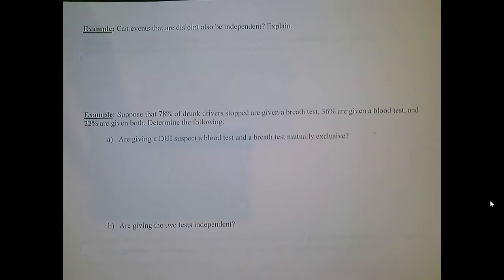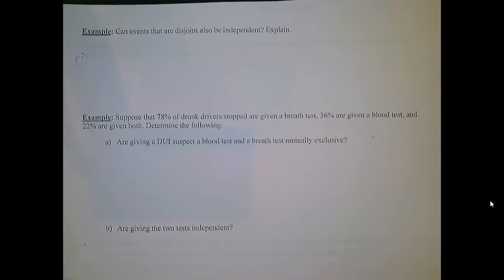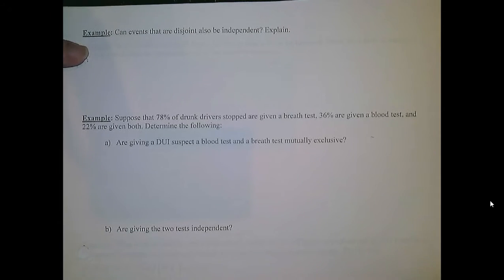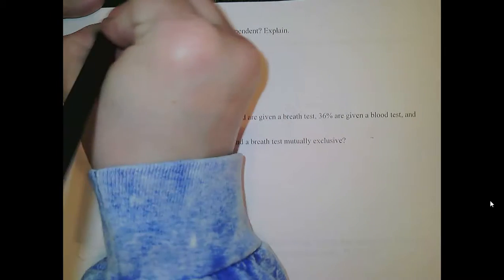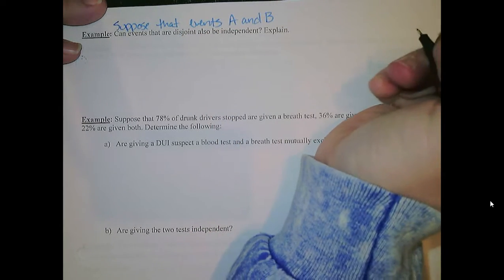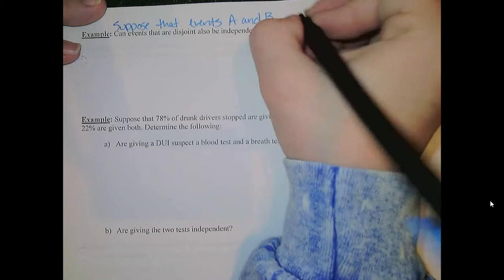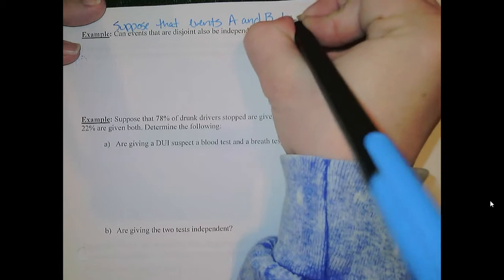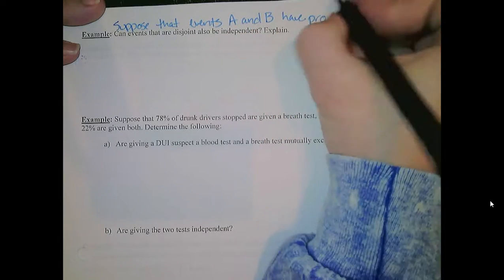So I'm going to start by just creating two events that have a probability not equal to 0. So suppose that events A and B, two separate events, have probabilities not equal to 0.